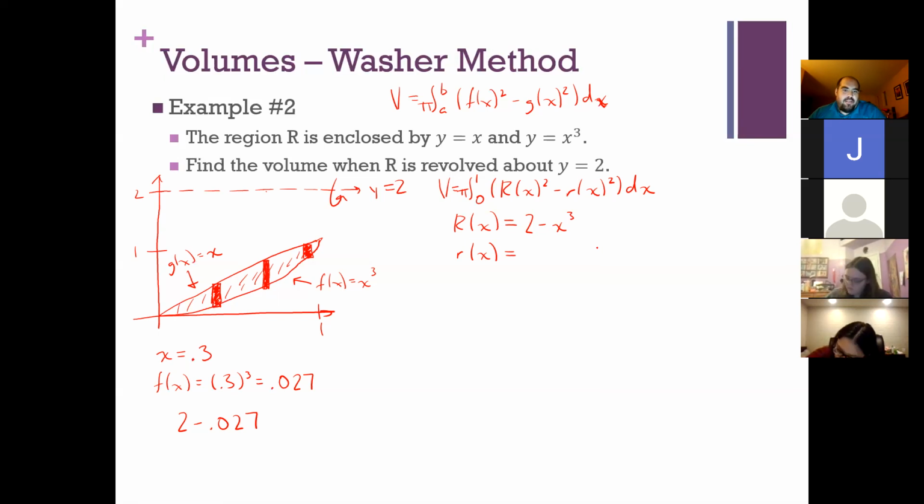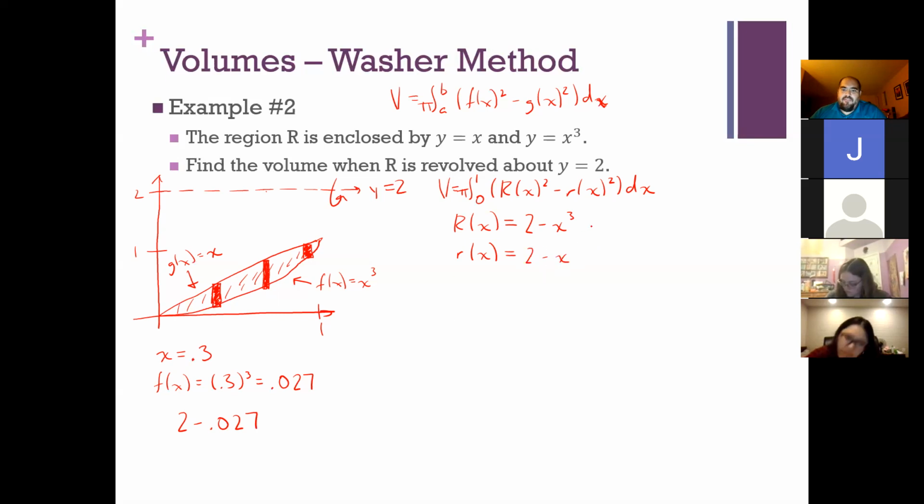How about for the inner radius? What would that expression look like? What would lowercase r of x look like? Two minus x. It'd be 2 minus x.